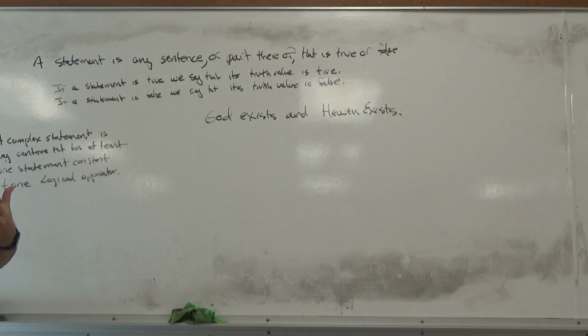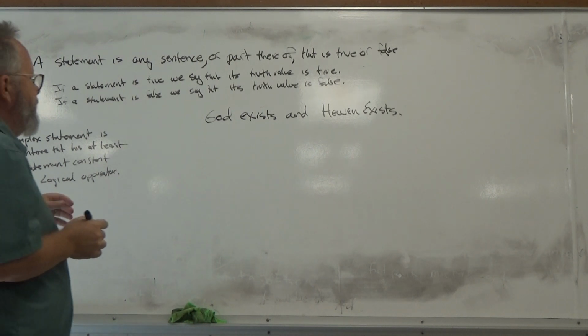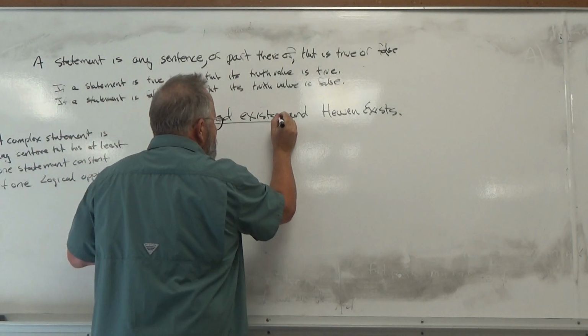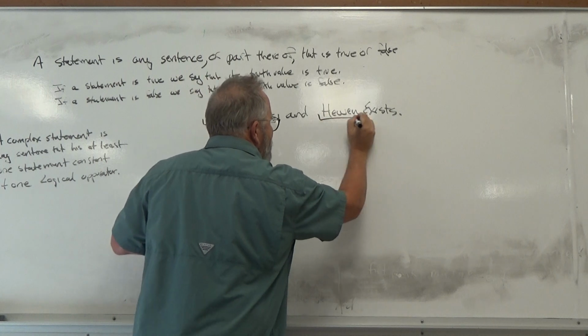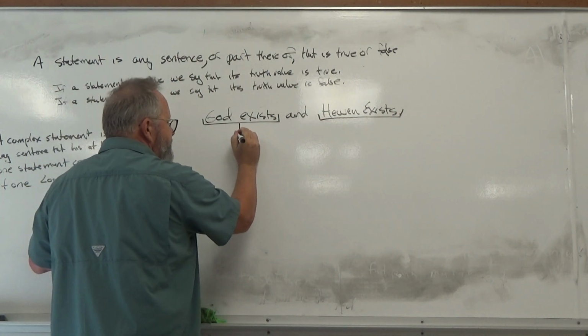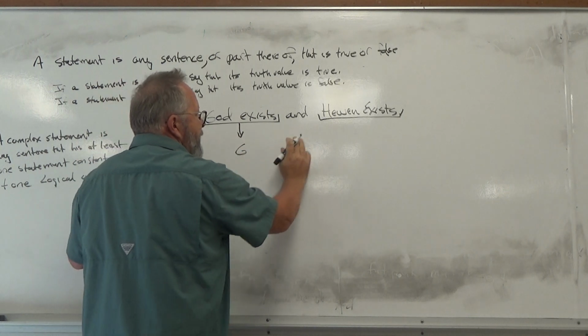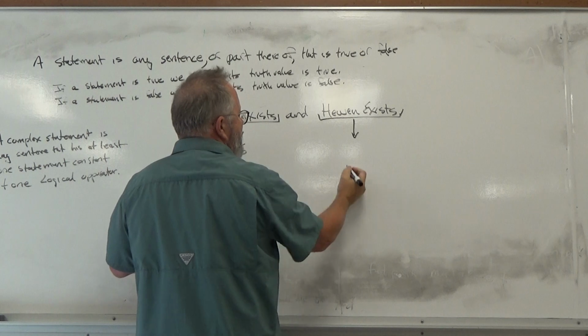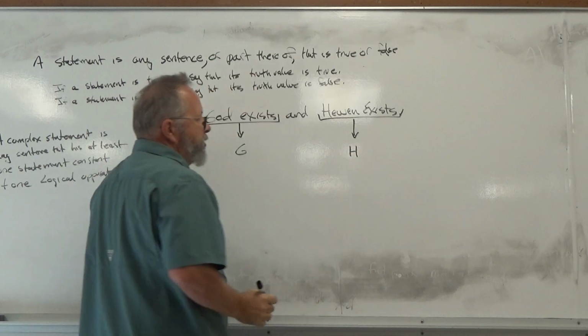It is a statement because it's true or false that God exists and heaven exists. That's either true or it's false. But we realize that there's two simple statements within God exists and heaven exists. We've already decided we're going to use G for God exists, so G, and heaven exists. We need to pick some letter for that. Arbitrarily, I'm going to just pick H.